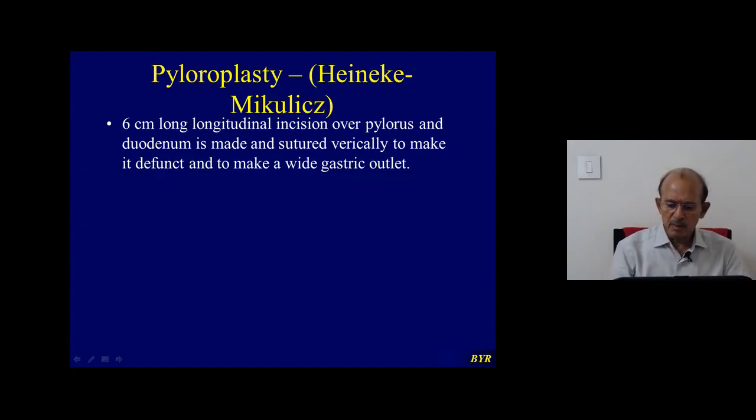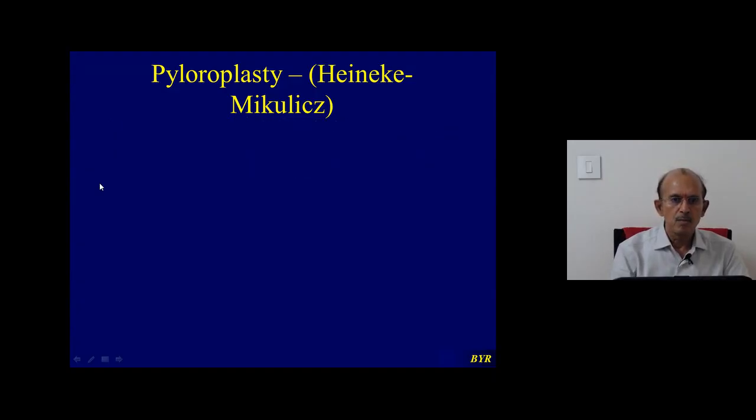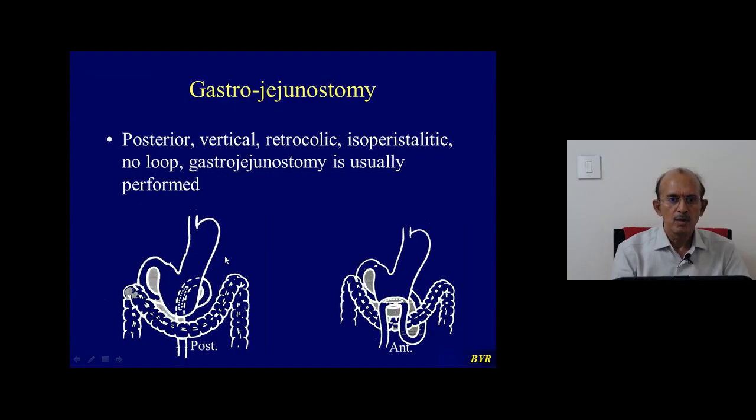Okay, someone has asked me about the no loop. I'll explain it a little bit. Now you can see here, this is the jejunum. You are anastomosing like this. Let's suppose this is the duodenojejunal junction.